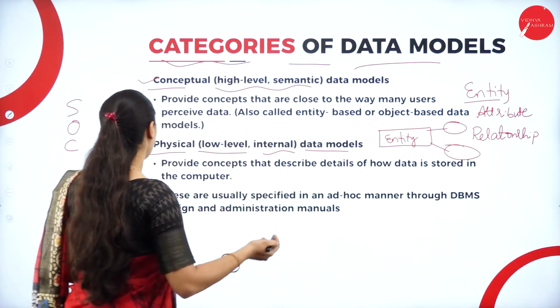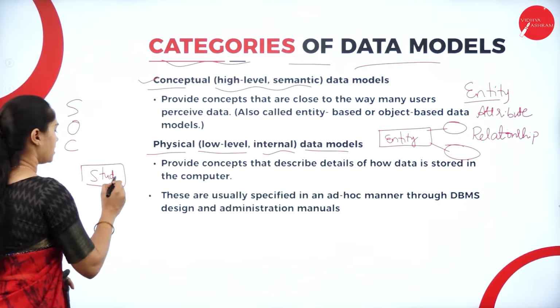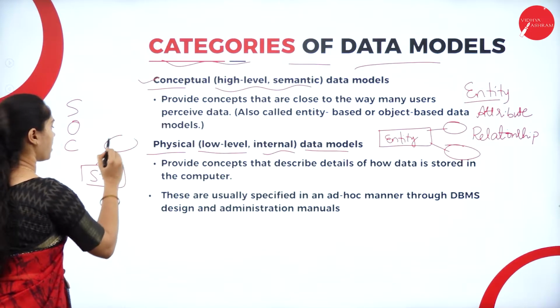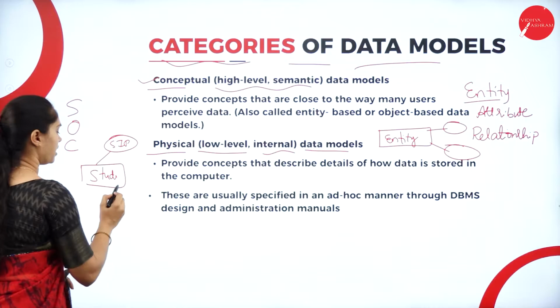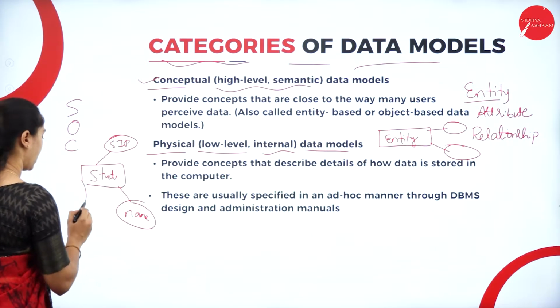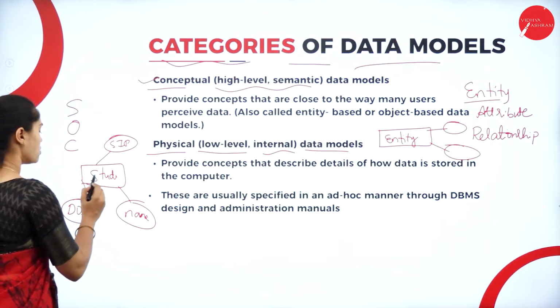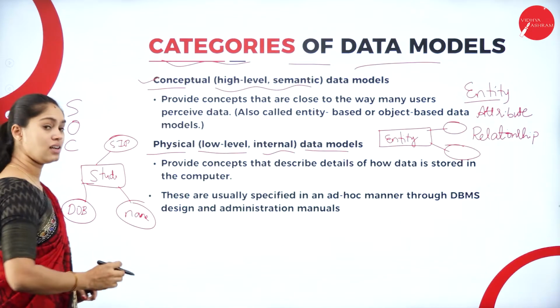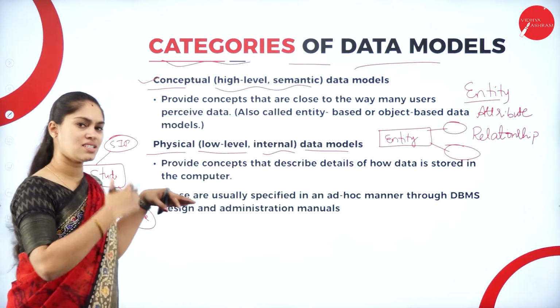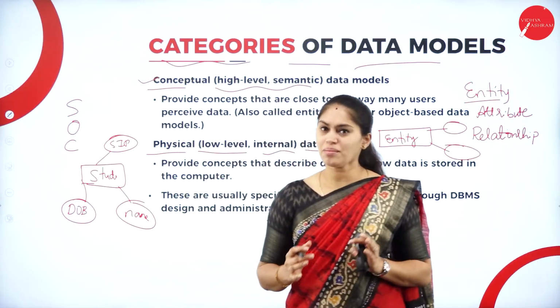For example, let me consider student as an entity. What does student comprise of? Student ID will be there, the student has a name, and an age or date of birth. So this is the entity and all these are the attributes. Then how the student is related to another entity called course, that is what a relationship is all about.